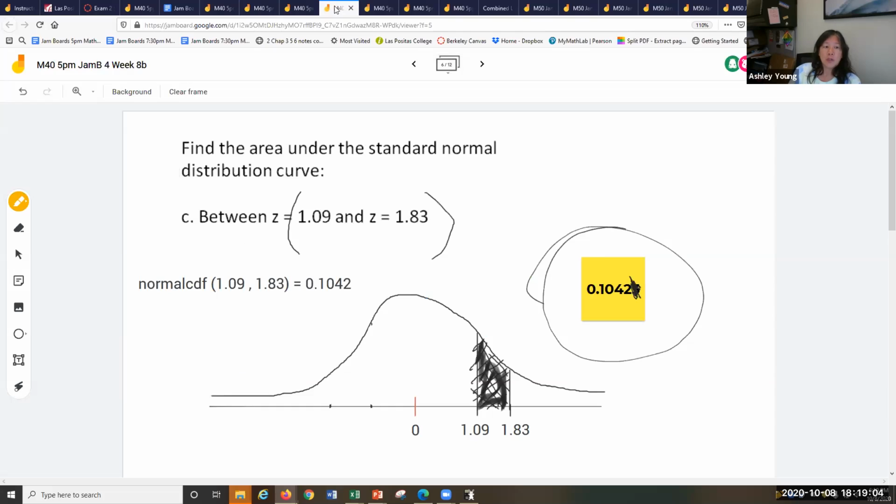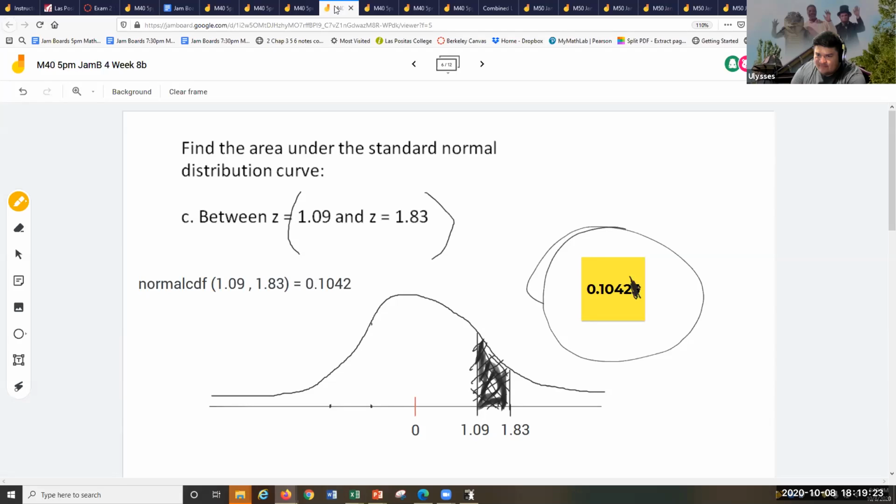And then group 4, you guys were doing this one. Go ahead. We put together the calculations when we were given the problem with Z between 1.09 and 1.83.